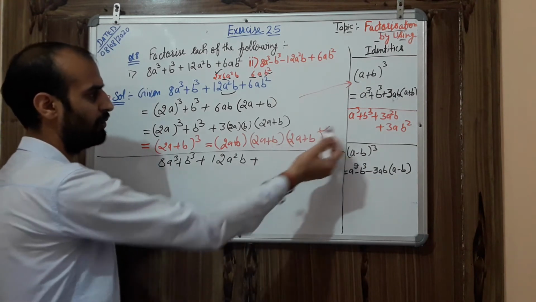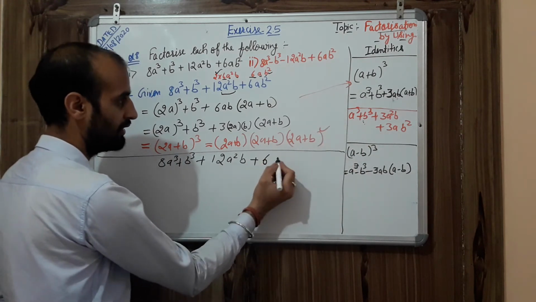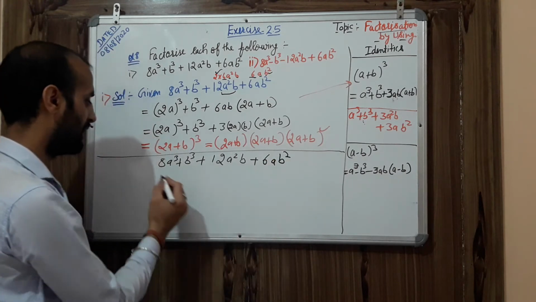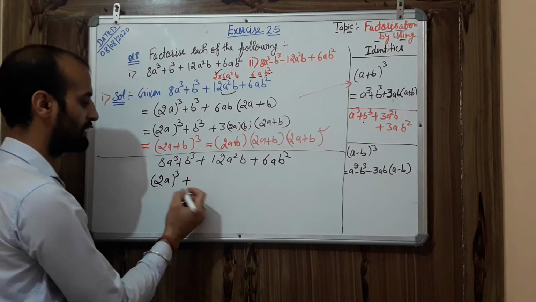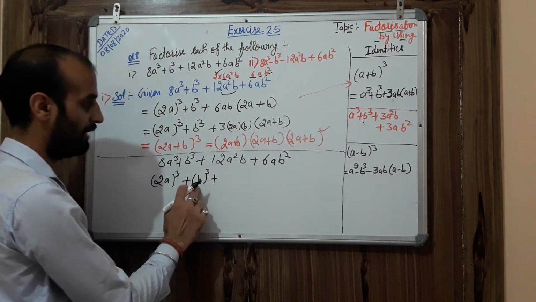Let's see the second way. If you are using the same identity but by opening it, you can directly find the answer. That is 6ab square. So let me write again. 8 you can write as 2a cube plus b cube as such. Here a and b are clear to me.